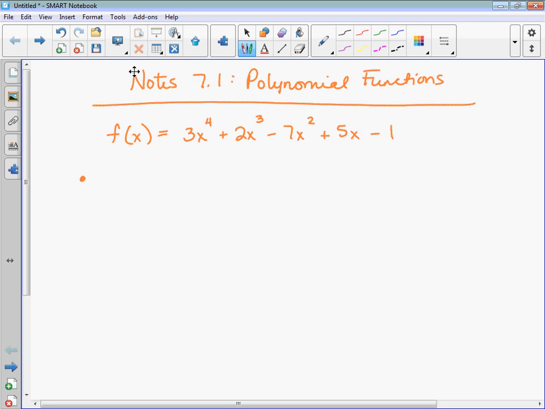And then here are some characteristics of your polynomial. The exponents are whole numbers. You know what whole numbers are.